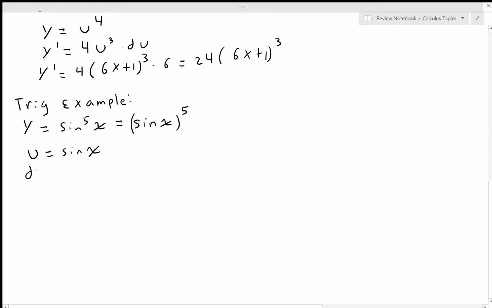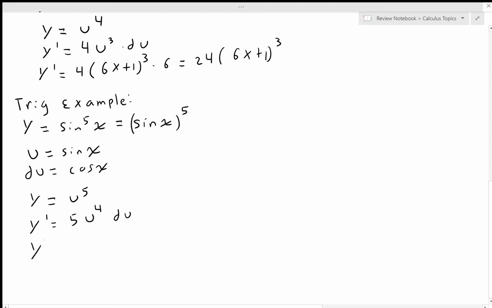From our last video, we know that the derivative of that would be cosine x. Plugging it in, y equals u to the 5th, and then the derivative would be power rule, 5 u to the 5 minus 1, which is 4, du.